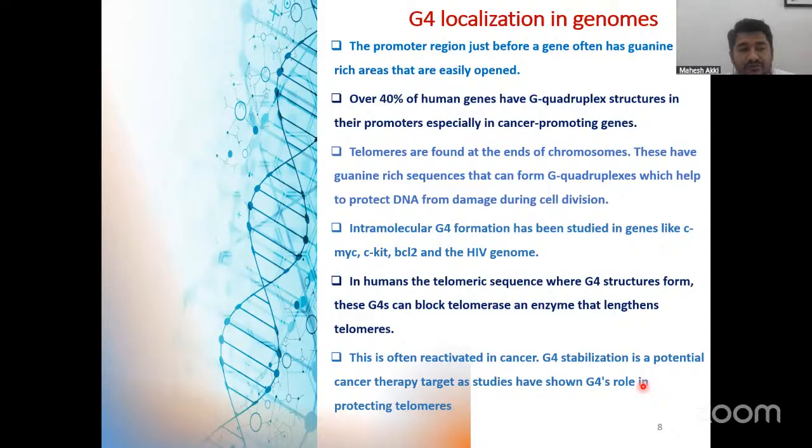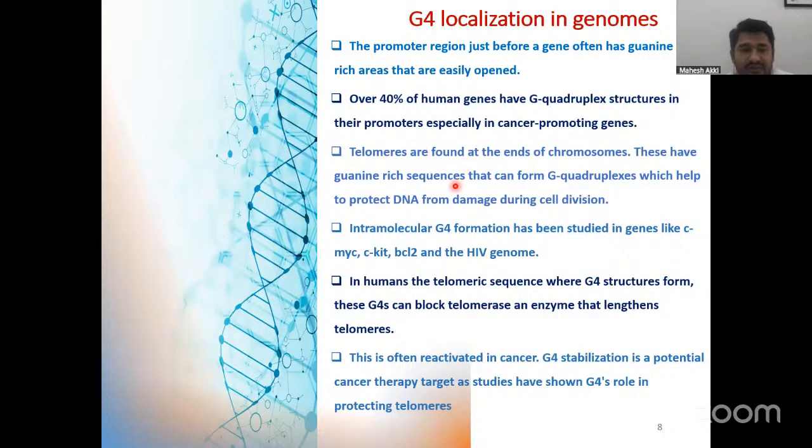These regions are often guanine rich, and they can easily unwind, which is favorable for G quadruplex formation. Interestingly, it has been noted that around 40% of human genes harbor potential G quadruplex structures in their promoters, particularly in oncogenes or cancer promoting genes.